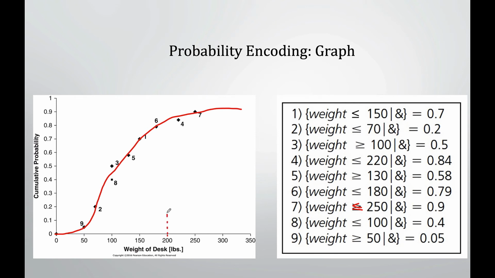It is originally not here, but for approximation, you can go to the line and then find a point over here. This point is not in the original list of 9 points, but regardless, after you smooth it out with a line, you can approximately deduce that that event has a probability of, say, 0.82.